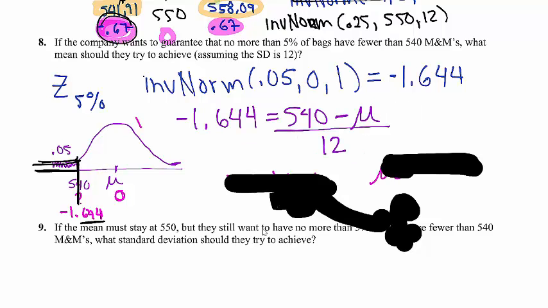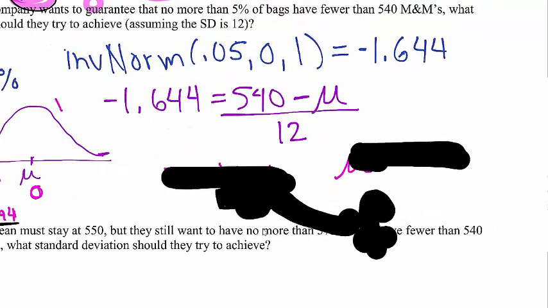Or we're going to use our formula. We know 540 has a z-score of negative 1.644 in this population, given the standard deviation is 12. We want to solve for the mean that made that happen. So you just do algebra.